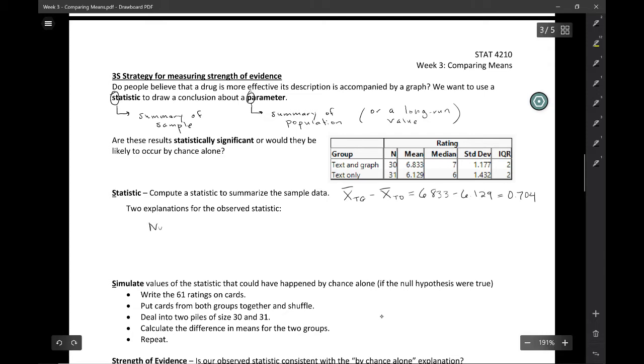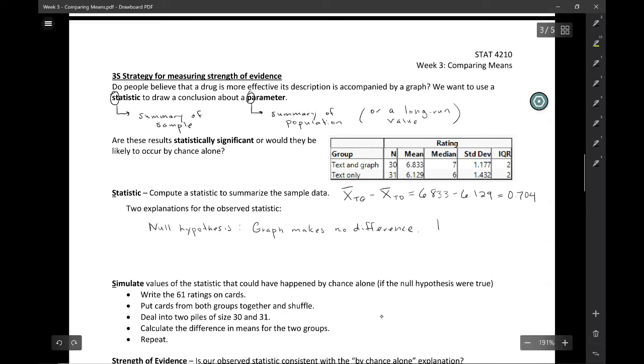So there is a difference between the means in the sample, but we really have two explanations for this observed statistic. One of them is called the null hypothesis, and the null hypothesis is the one that we want to rule out. So in this context, the null hypothesis would be that the graph doesn't really matter. The graph makes no difference, and we ended up with a small difference in the sample just by random chance. That's the null hypothesis.